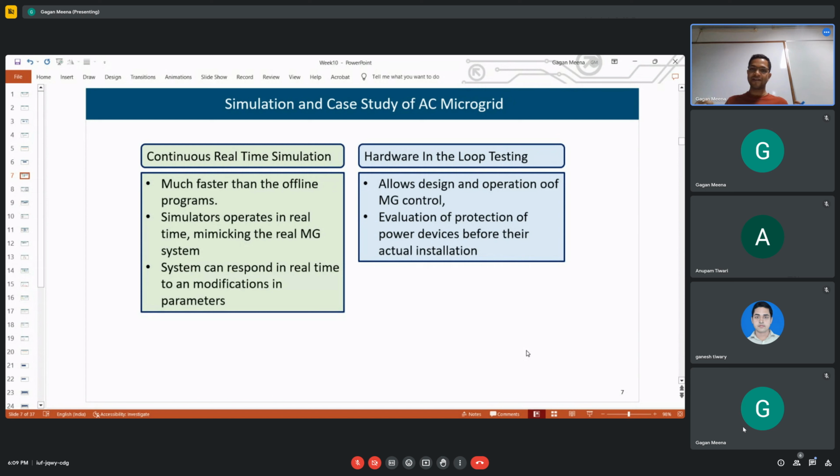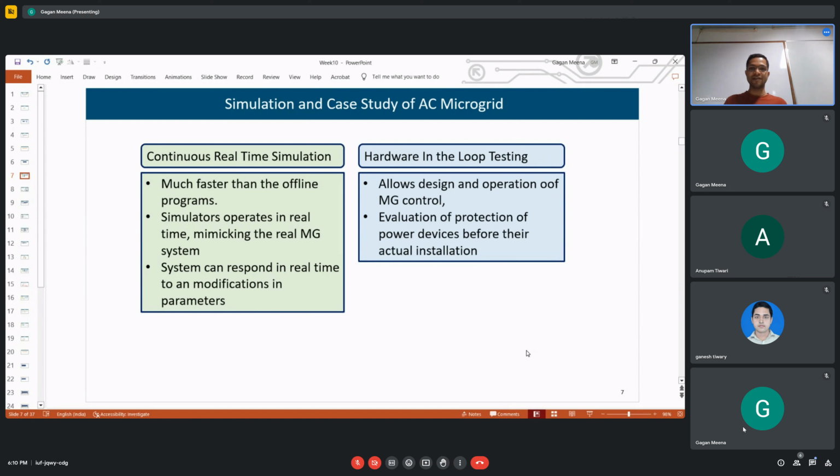For that, we need to create a model of whatever we want to integrate into the system. Suppose we want to integrate a DC microgrid into the existing AC microgrid, or even if it is isolated, the different components connected within the DC microgrid will be integrated to a common DC bus.